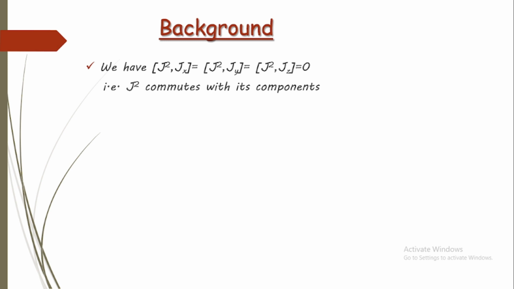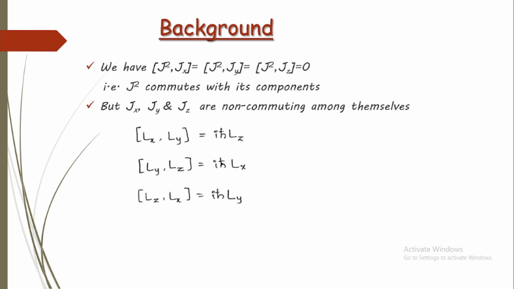In our previous classes, we made use of the symbol L, that is orbital angular momentum, and now we are using the symbol J, which is used for the general angular momentum. So this is the relation which we have already solved, but the components, that is Jx, Jy and Jz, are non-commuting among themselves. That is, if we consider the commutator of Lx with Ly, we saw that it equals i h cross Lz.